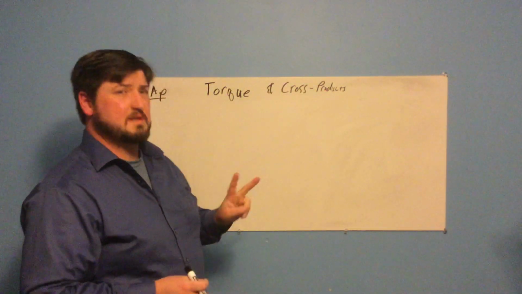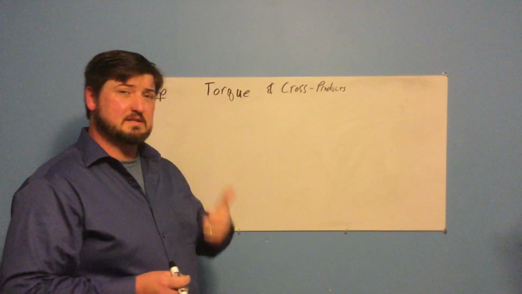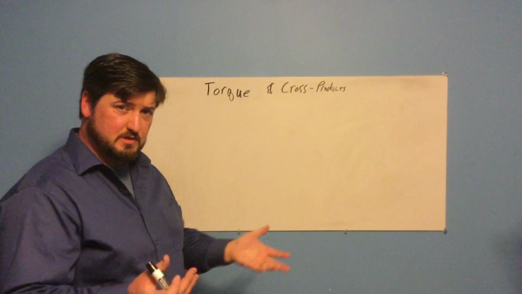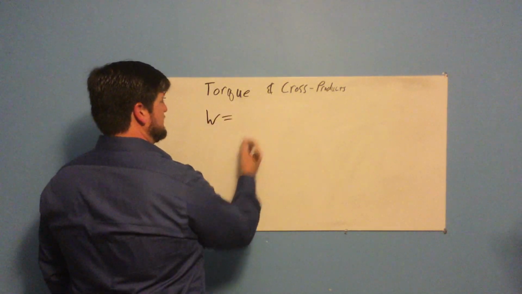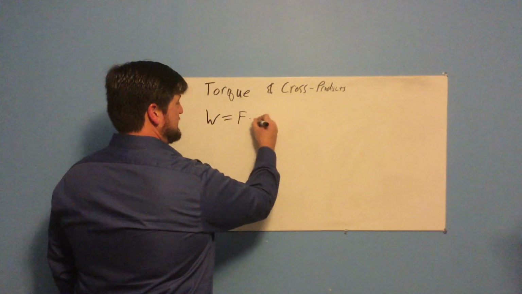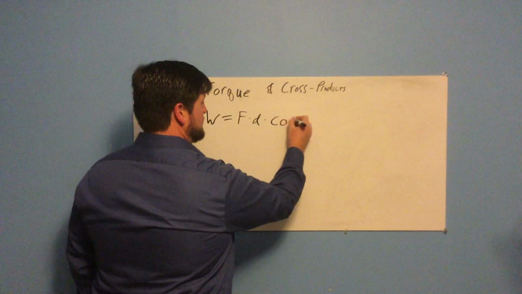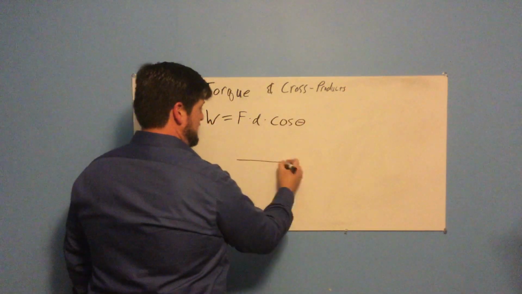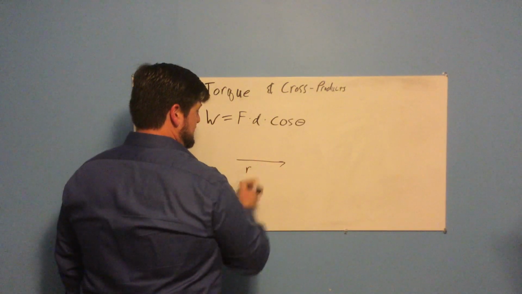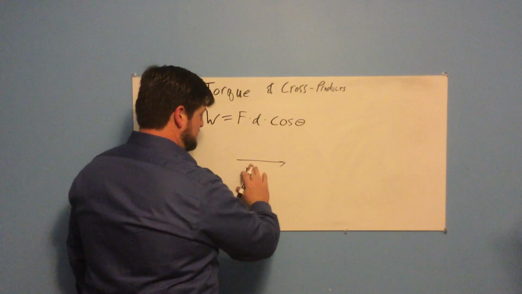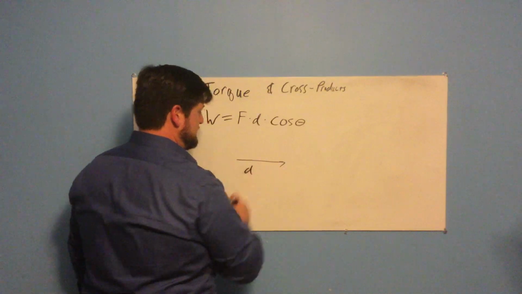So there are two ways to actually multiply things. One is a dot product. That's what you've actually been doing most of your life. When we were talking about work, work was force times the distance times cosine theta, right? If an object moves in this direction, that's its displacement vector. We call it D for displacement.